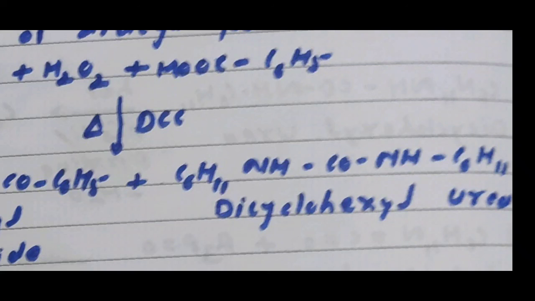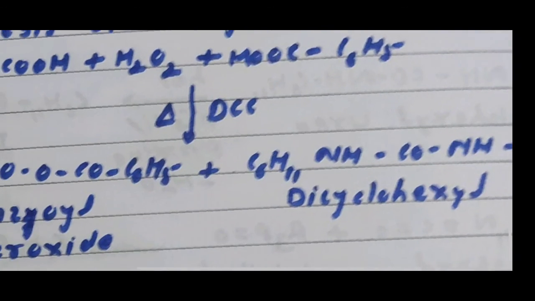Urea is NH2 CO NH2; then H from the nitrogen atoms is replaced by C6H11, forming dicyclohexyl urea. Here an organic acid on treating with hydrogen peroxide in the presence of DCC, by dehydration gives diacyl peroxide.